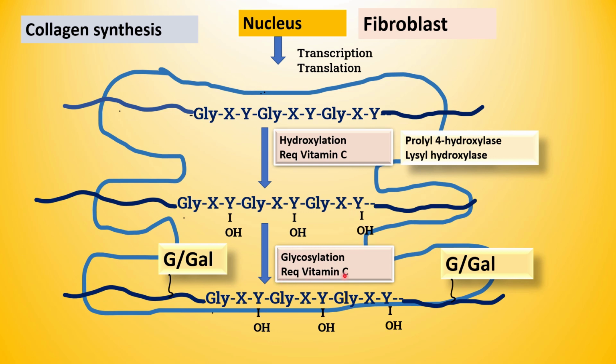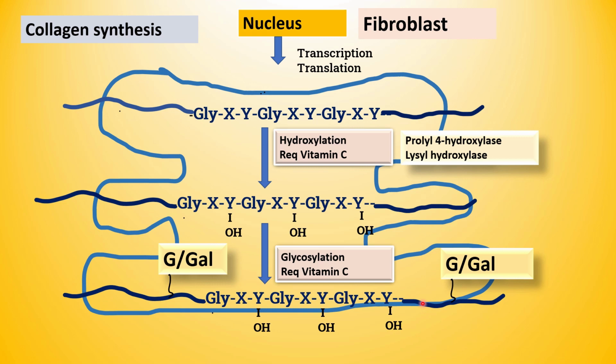Again, for glycosylation we require the coenzyme vitamin C, and the enzyme is glucosyl transferase or galactosyl transferase, which transfers glucose and galactose to the hydroxylysine of the alpha chain. These are the two prerequisite steps, hydroxylation and glycosylation, which are important for alpha chain formation in collagen synthesis, and this step takes place in the rough endoplasmic reticulum.